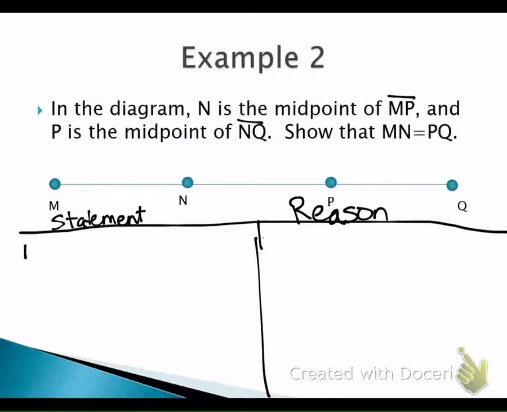So the first thing that always goes in the statement column is basically the directions. What did they tell us about? They told us that N is the midpoint of MP.